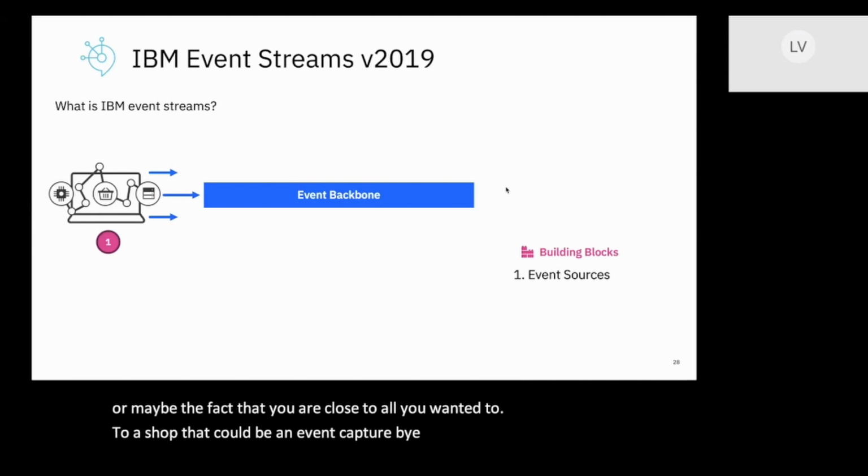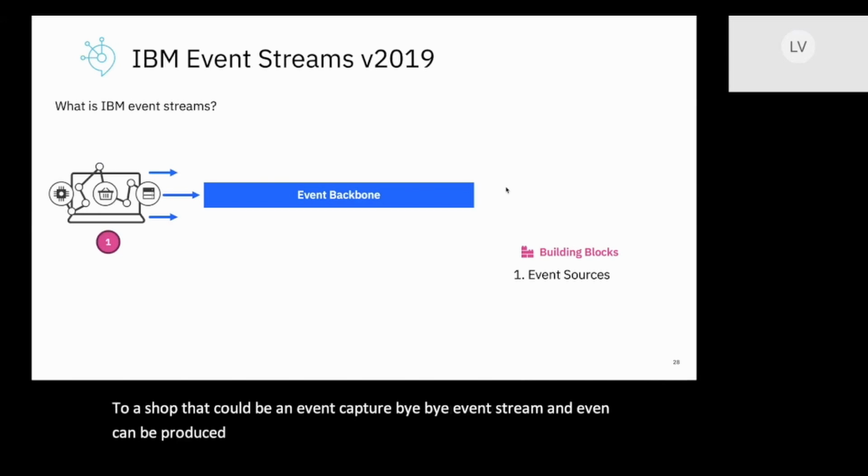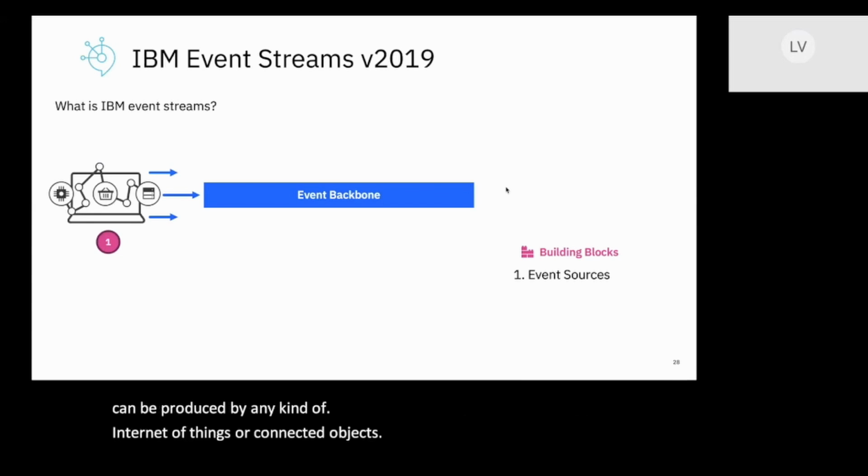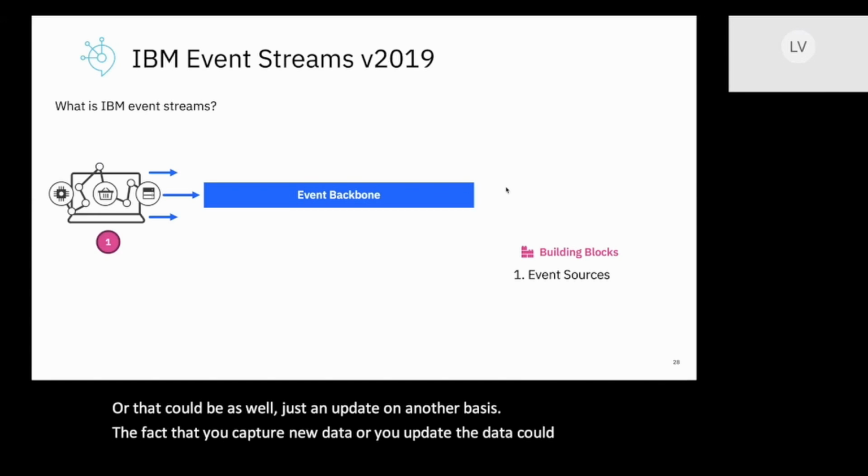An event can be produced by any kind of Internet of Things or connected object, or it could be just an update on a database. The fact that you capture new data or you update data could be an event sent to IBM Event Streams.